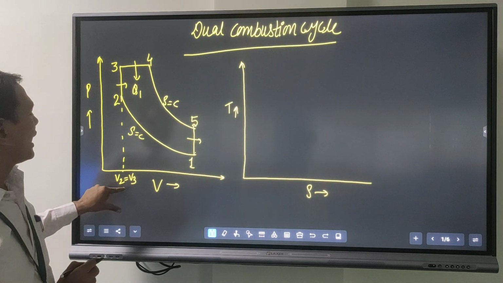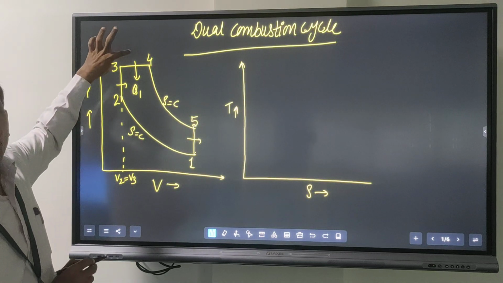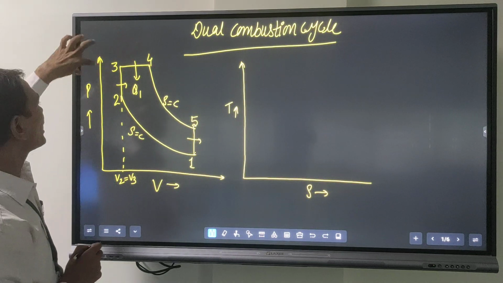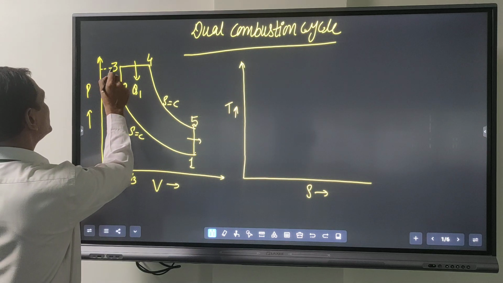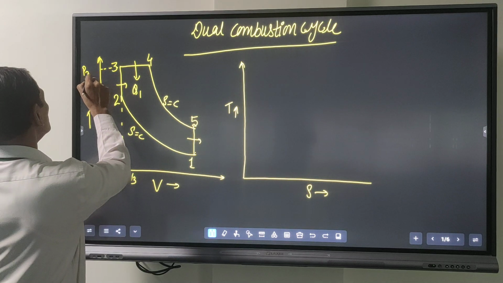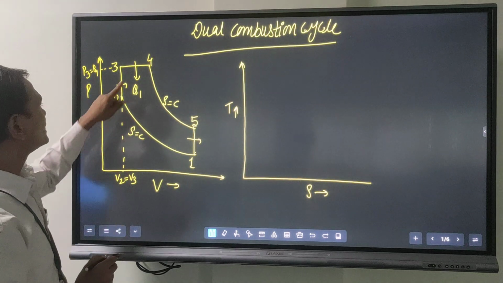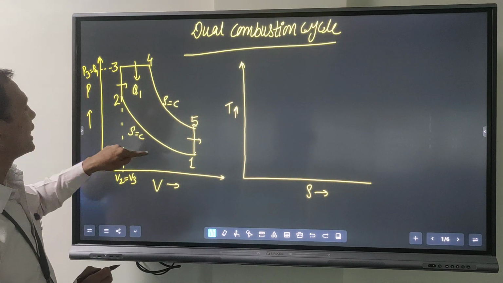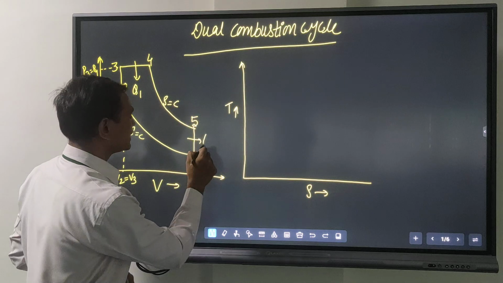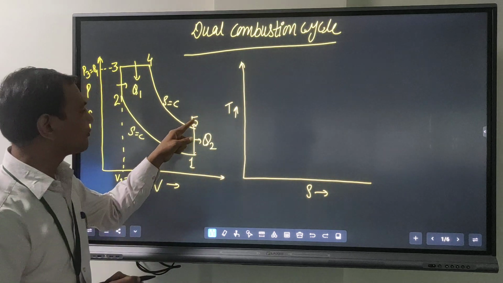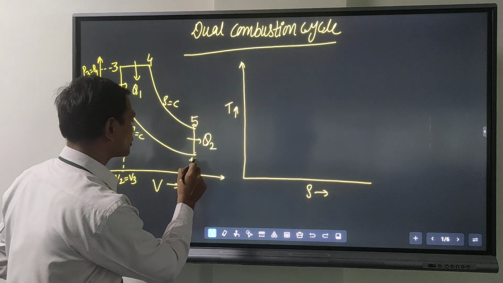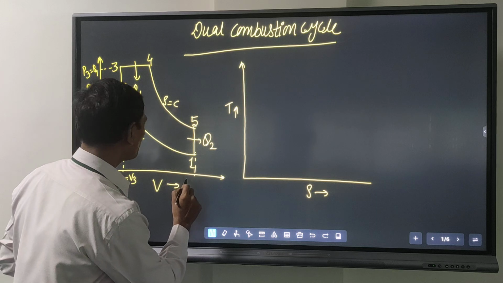This is the isochoric process, and 3 to 4 is the isobaric process, because here P3 is equal to P4. This is isobaric, this is isochoric, and heat is rejected at the process 5 to 1, which is also an isochoric process.